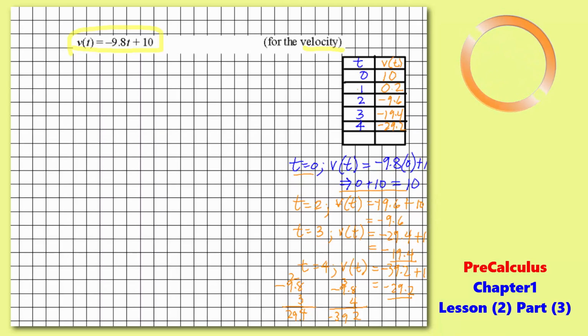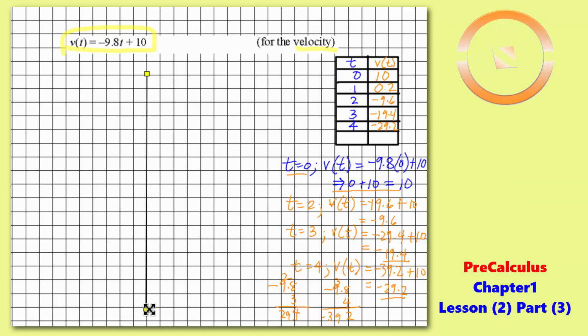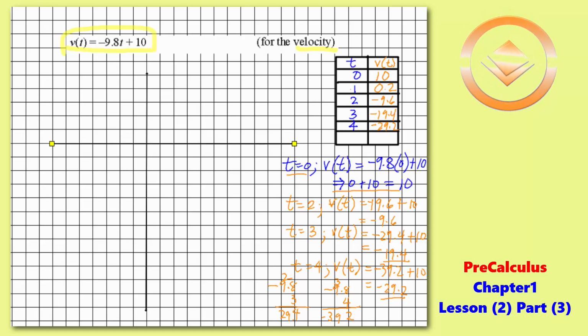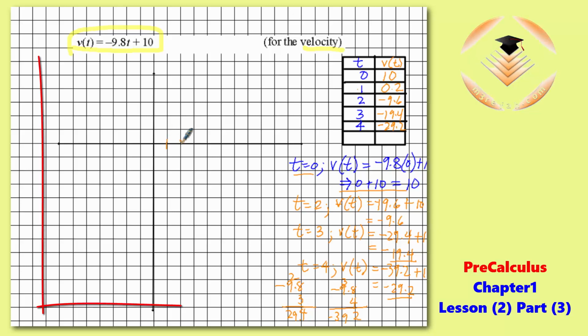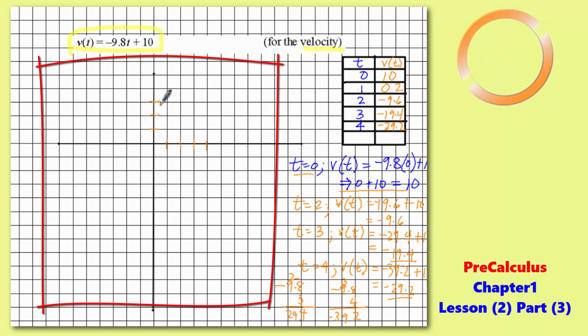Now we use the grapher to graph this. We have our virtual grapher here, so let's use our coordinates. This is our t values, and this would be our y values, or v of t values.